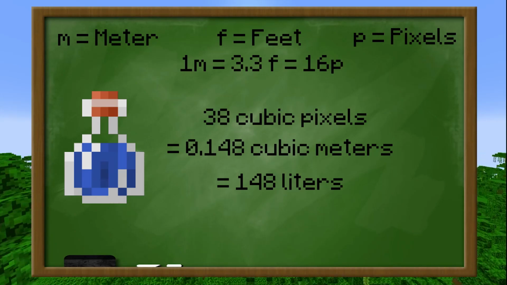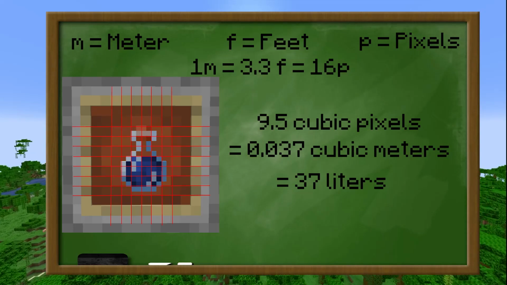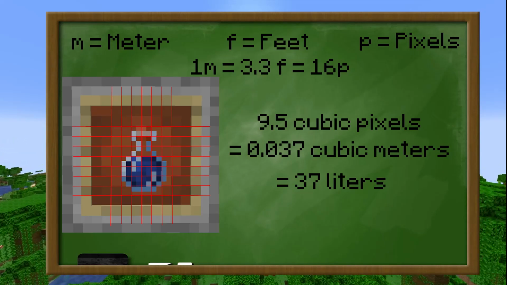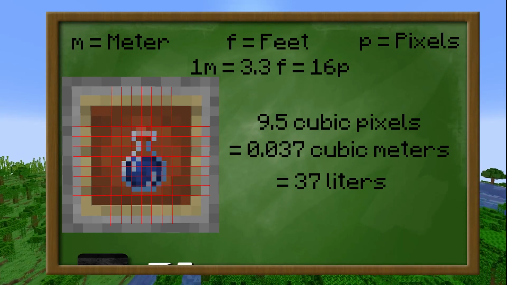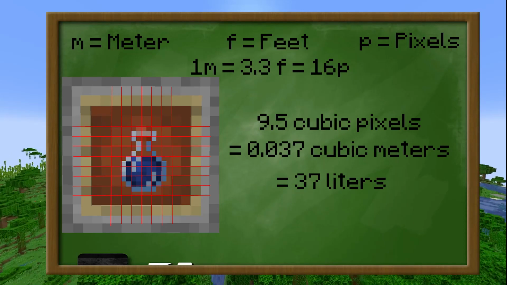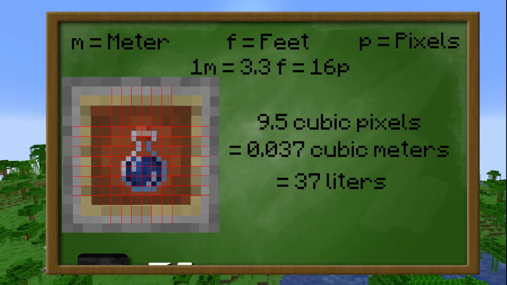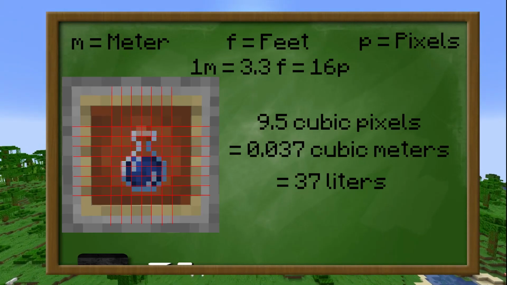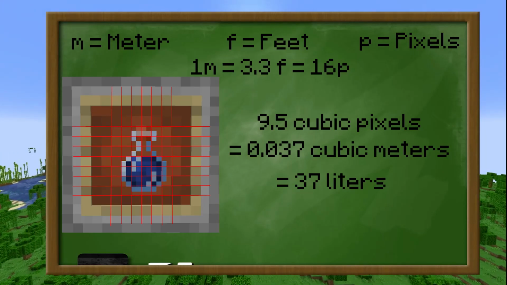So the second approach, the pixel consistency of a block. So with the pixel consistency of a full block, the bottle has 9.5 pixels worth of water in it. So around 37 liters worth of water inside, which again looks something like this.